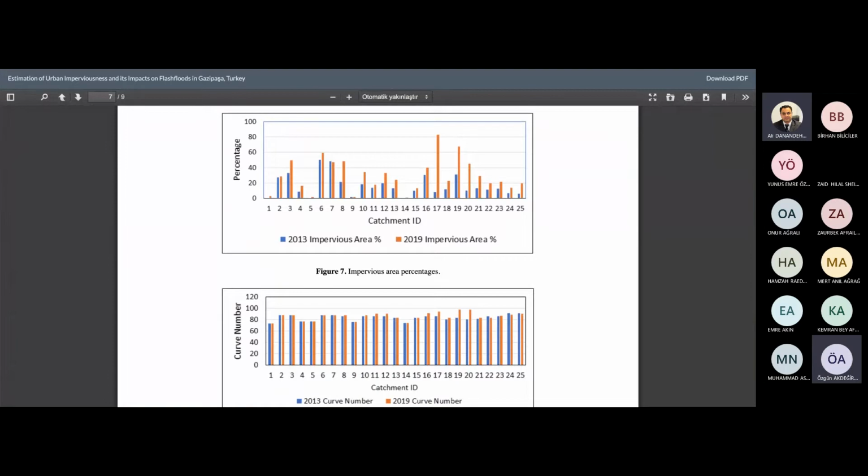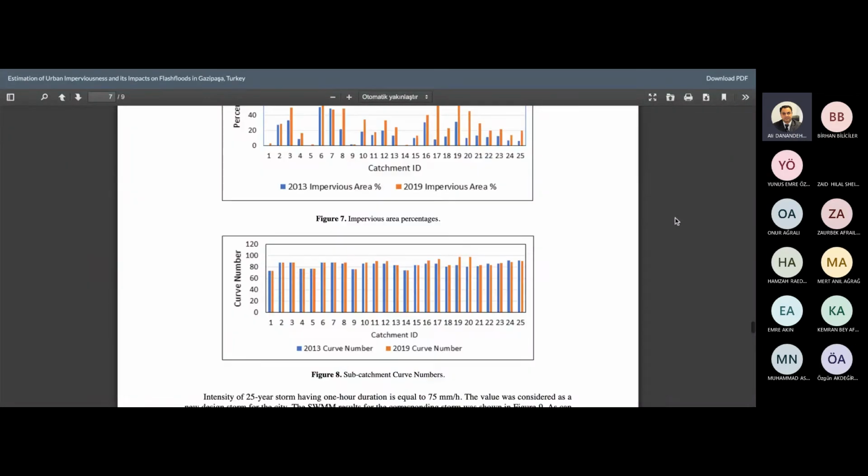Therefore, we should either increase the capacity of our drainage system or sewers, or do something upstream from the places where runoff is collected and comes to those hot spots, those locations where we see flood.